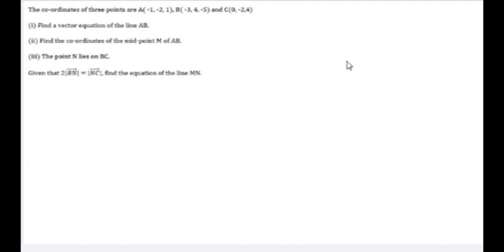So you will see that from the first question, we need to remember one or two things. Firstly, we need to remember the general vector form of any equation.